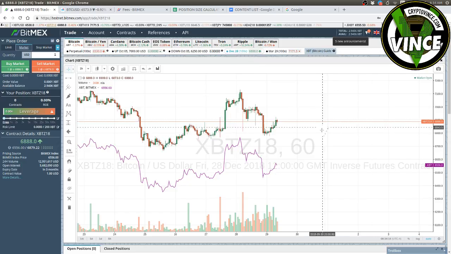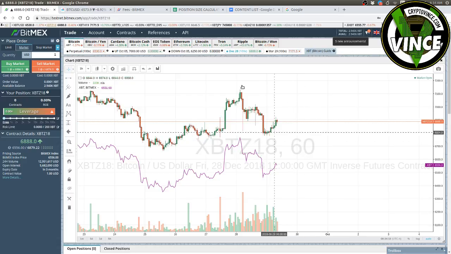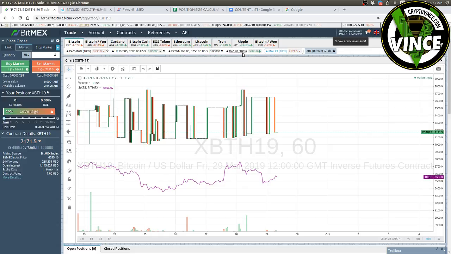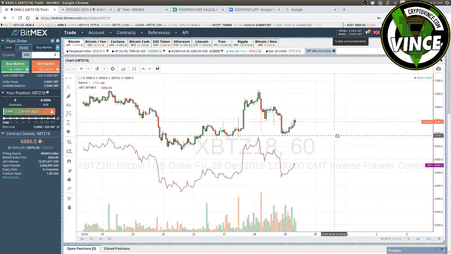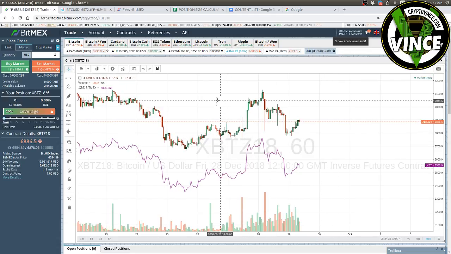Perpetual contracts don't expire. You'll notice that the ones Vince referred to, December and March, both have end dates on them, so they expire at that point in time. As a result, the only fees associated with them are the fees of the trade.